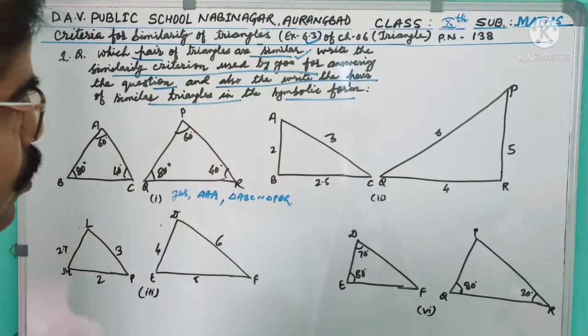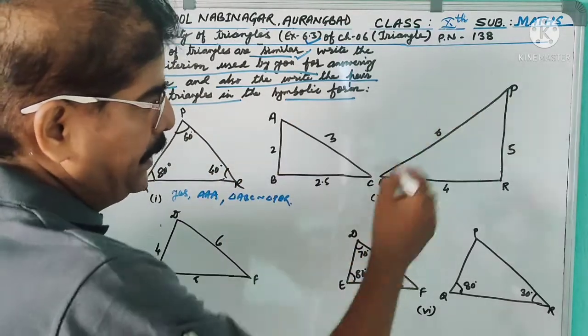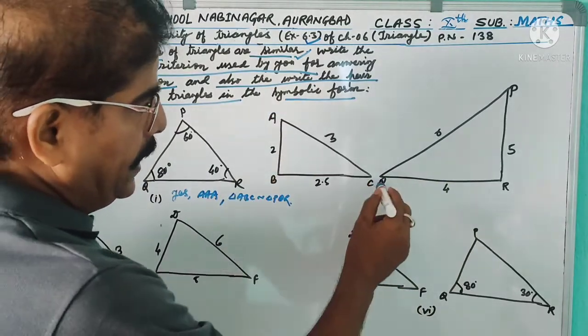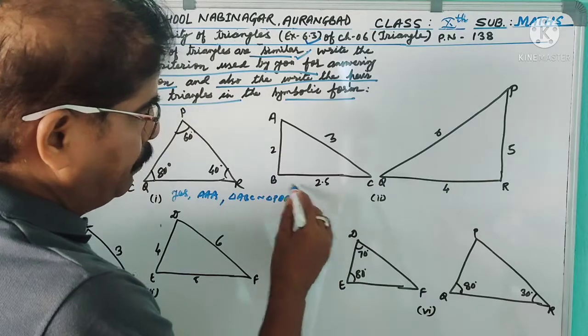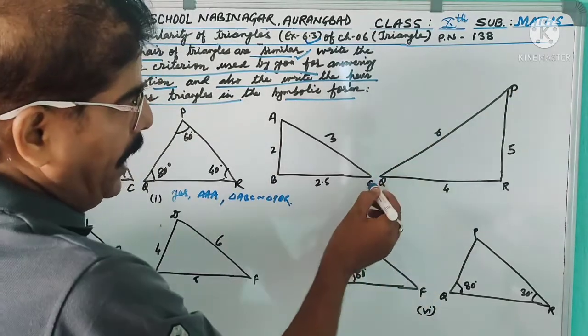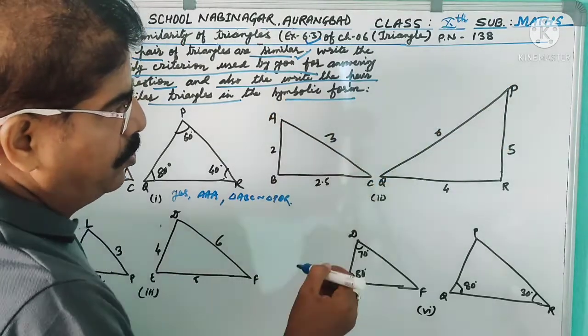In question 2, ABC and PQR, AB equal to 2, QR equal to 4, BC equal to 2.5, RP equal to 5 and CA equal to 3, PQ equal to 6.